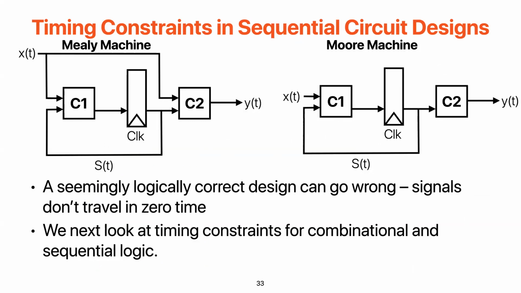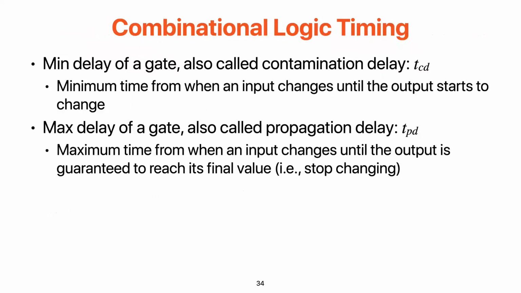However, even though the logic design seems correct, if we didn't feed the right signal, then the design could go wrong, because the signal does not travel in zero time. It takes time. So what are the delays that we have in a logic design? There are two different types of delay. So, the two different definitions of the delay.